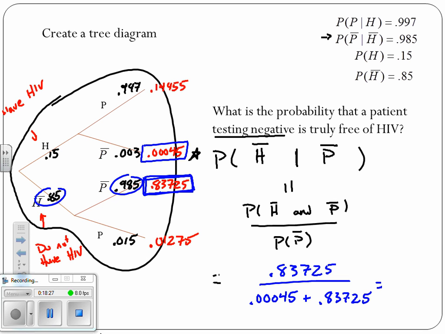So plug and chug into the calculator very quickly, divided by. So basically what they're telling us is 99 point, I'll round properly, 99.95% of the tests that show up negative are folks that are truly free of HIV.